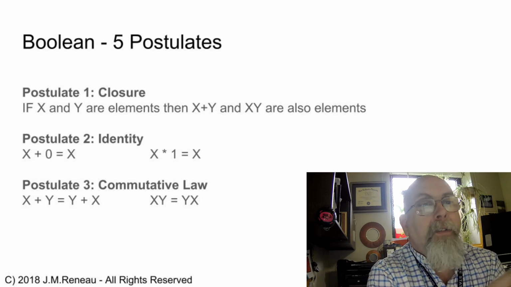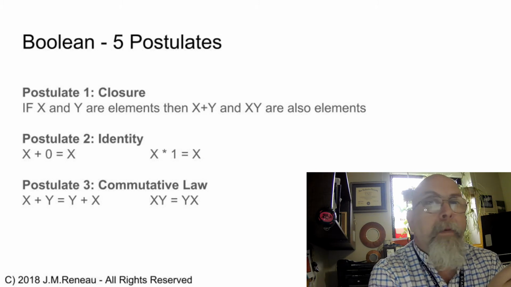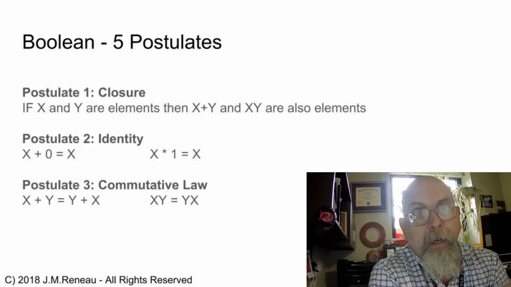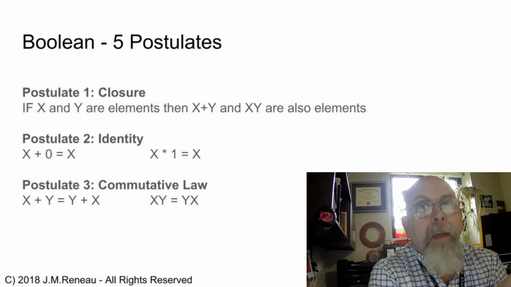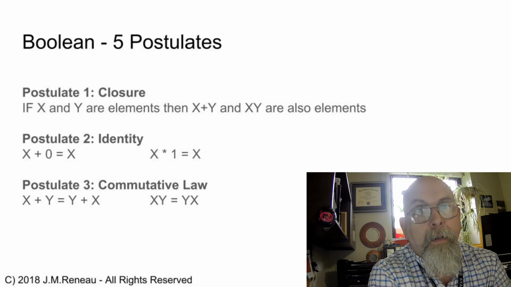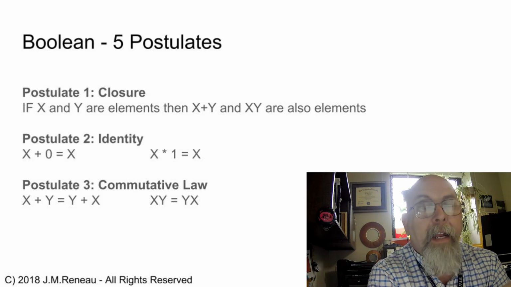So x plus y can be substituted in, or a plus b can be put in where there's an x, as long as you use parentheses around it. If x is an element, then x plus y is an element. Closure. Identity says that anything plus 0 is itself, and anything times 1 is itself. Well, that kind of makes sense, doesn't it? That's the postulate of identity.